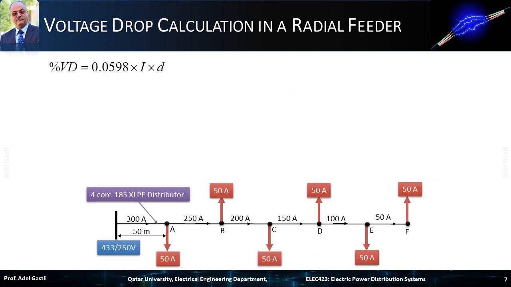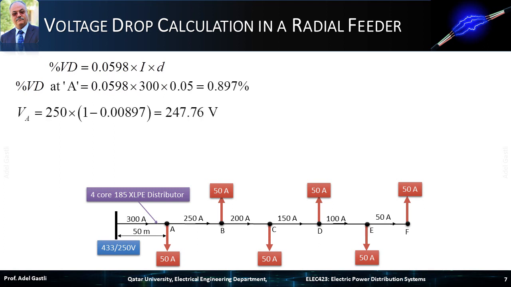Now, we can use this factor K and calculate the percent voltage drop at each point on the feeder. Let's start with point A. The percent voltage drop at point A equals 0.0598 times the total current of 300 amperes, times the distance of point A, that is 0.05 kilometers, which yields a percent voltage drop at point A of 0.897%.